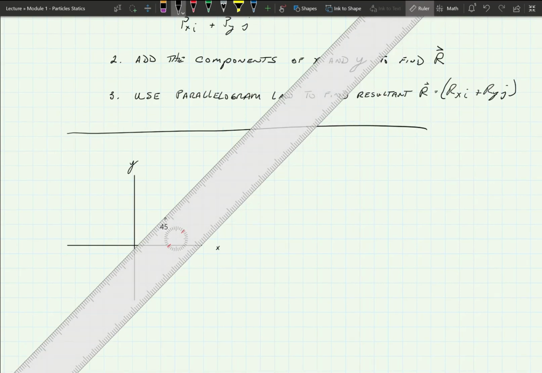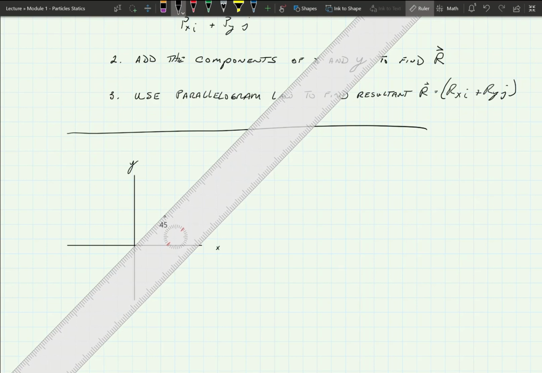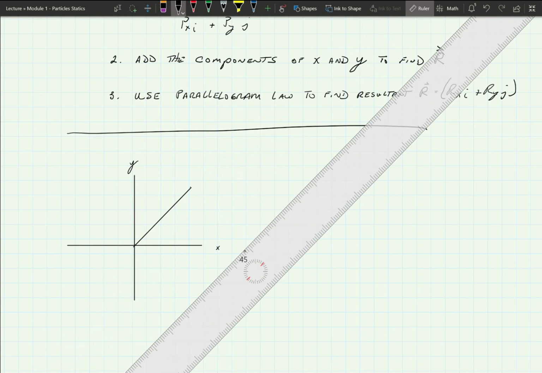Get yourself on the line. And the angles aren't important when I draw these. It's more the value.